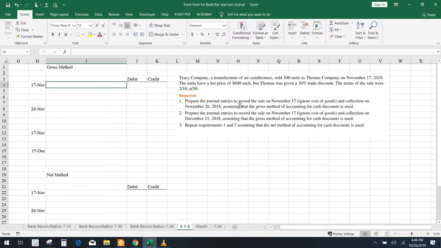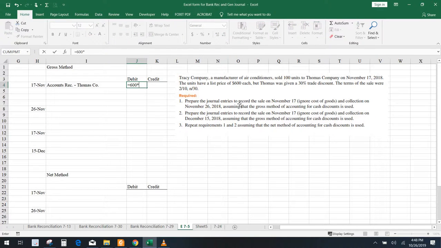To record the sale, we're going to debit accounts receivable, and that's the Thomas Company. And the debit is equal to the 100 units that we sold multiplied by the $600 per unit multiplied by the net of the discount.